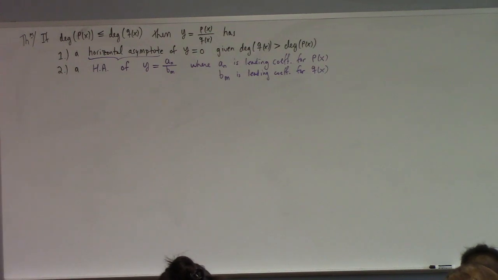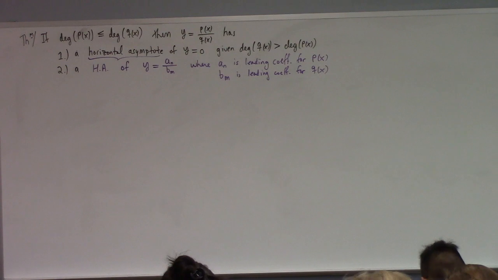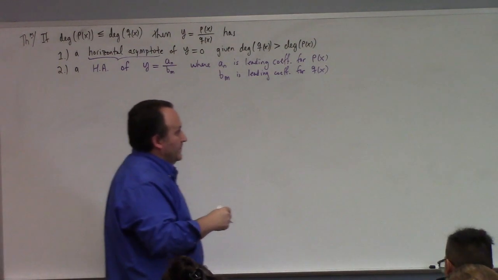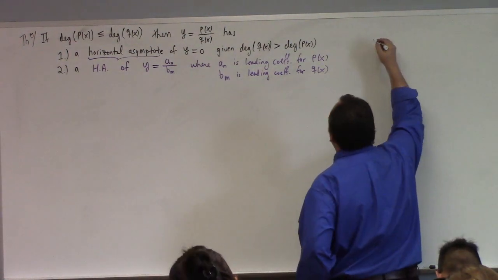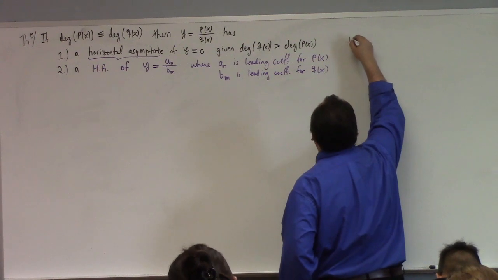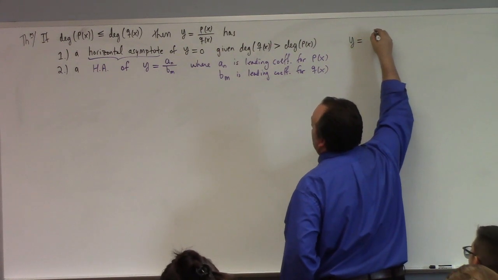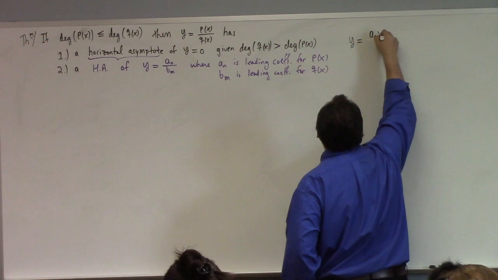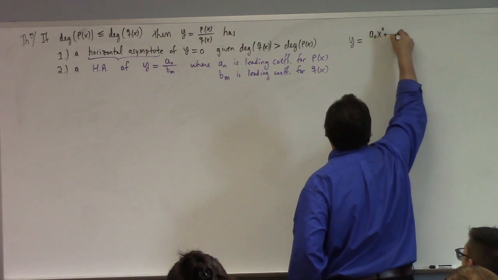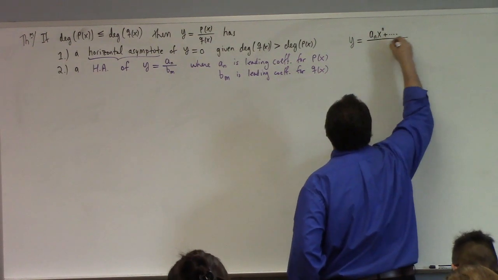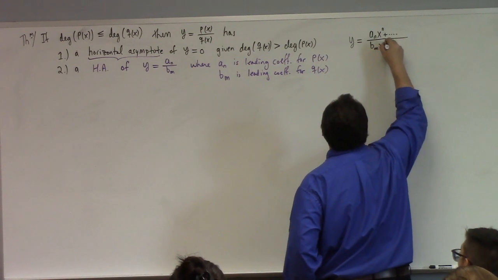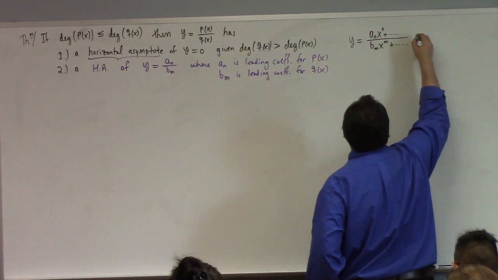And the reason this is going to work out this way is essentially just long division. If you look at the formula, in this situation you've got y equal to a sub n x to the n plus dot dot dot divided by b sub m x to the m plus dot dot dot.